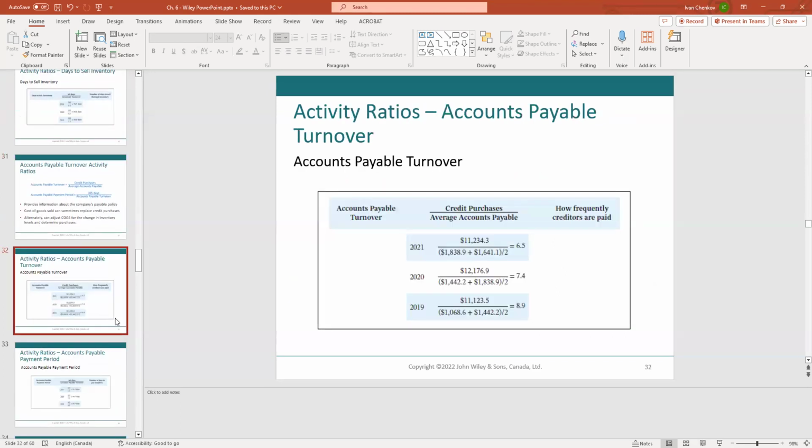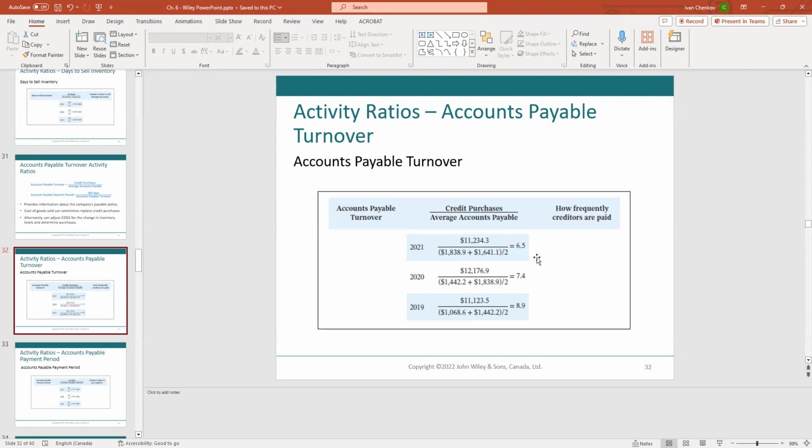So let's see how this company is doing. Their number is decreasing. Is that good for the company or bad for the company?